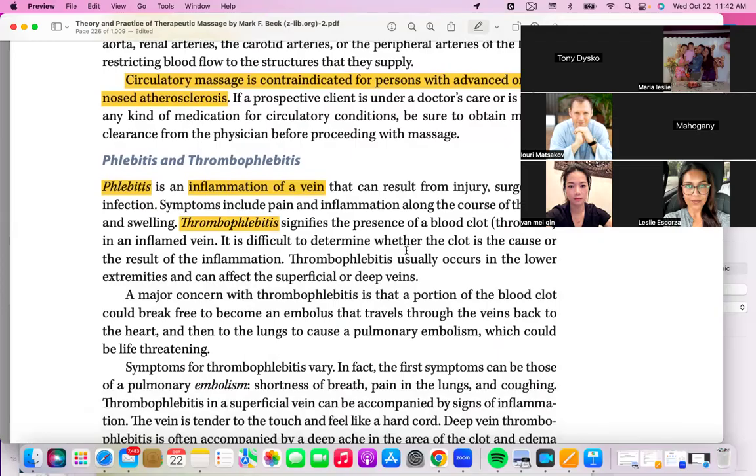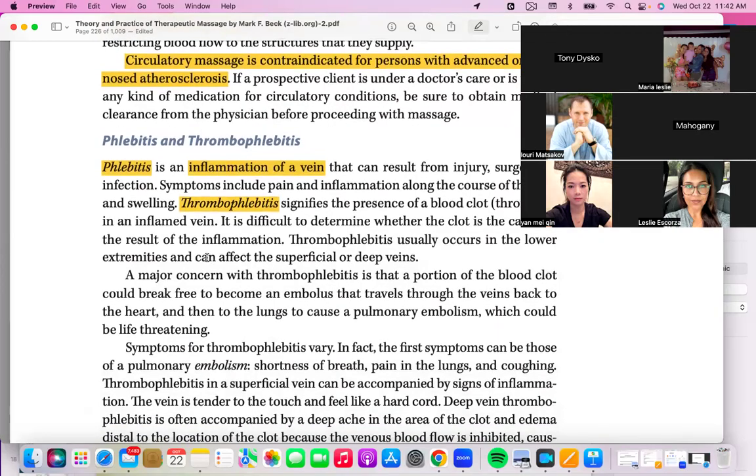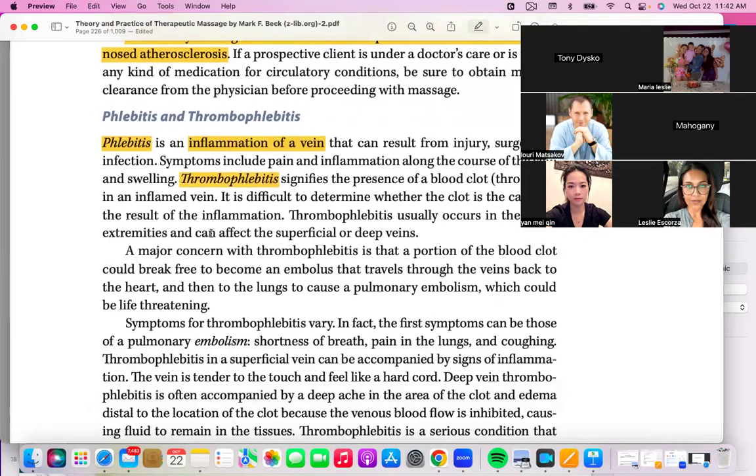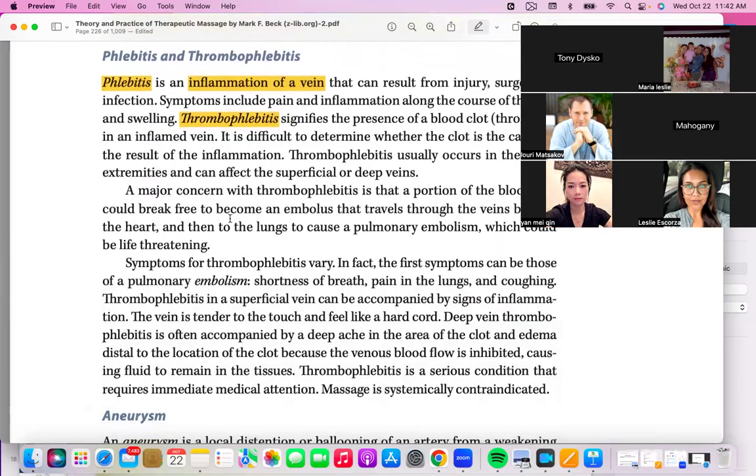Now, it's difficult to determine whether the clot is caused by the inflammation or the injury, but thrombosis usually occurs in the lower limbs and can affect the superficial and deep veins. So you might be able to see it because that leg might be swollen, might be red as well. So it will look off and you should ask. And if they do have it, you do not work with it.